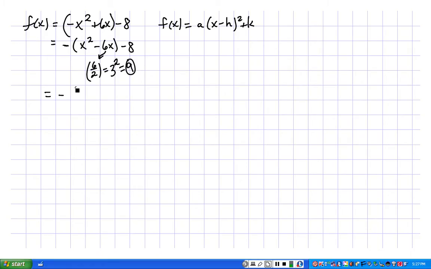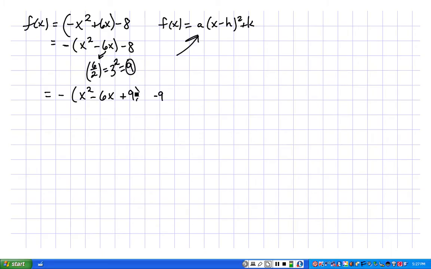So we have our negative x squared minus 6x plus 9. Now because we added a plus 9, to offset it we should also have a negative 9. Plus 9 minus 9, they cancel. That's like saying 0. Remember, we can't just add 9 out of nowhere because 9 wasn't in the original problem, but we need this 9 to help us get it into form.